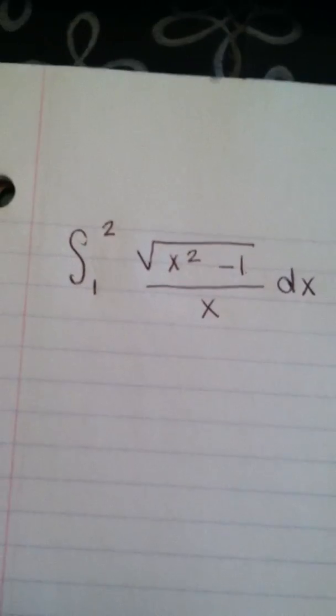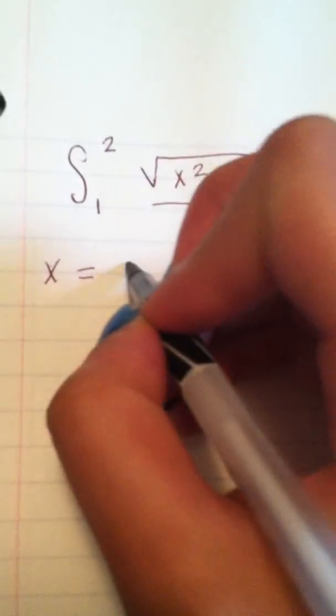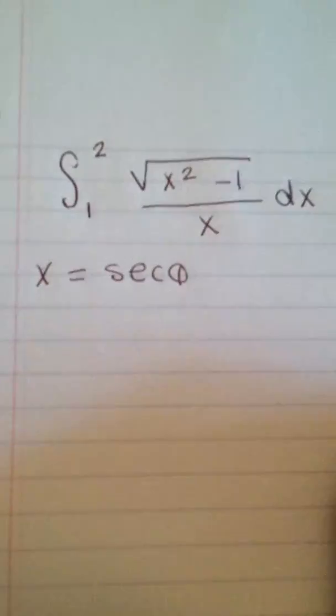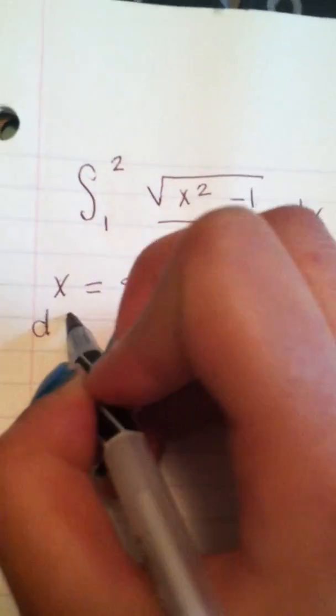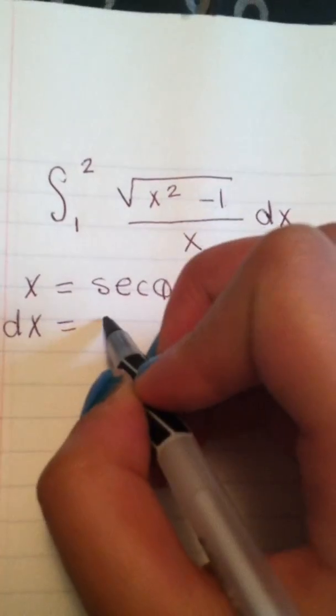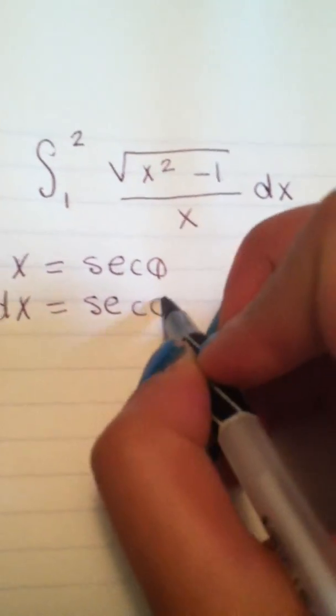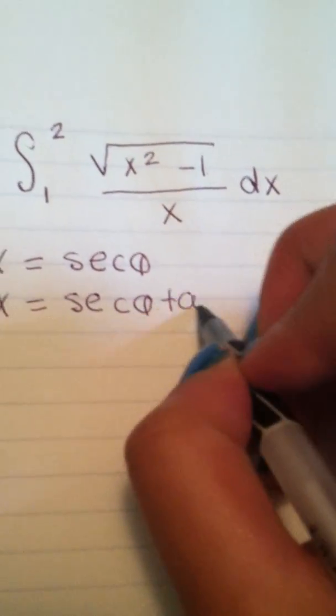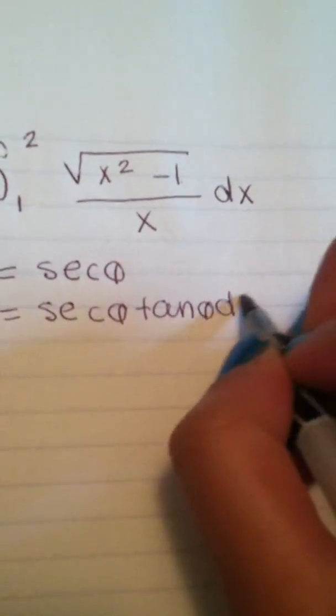Using this formula, we can substitute secant theta in for x. So letting x equal secant theta, dx would then equal secant theta tangent theta d theta.